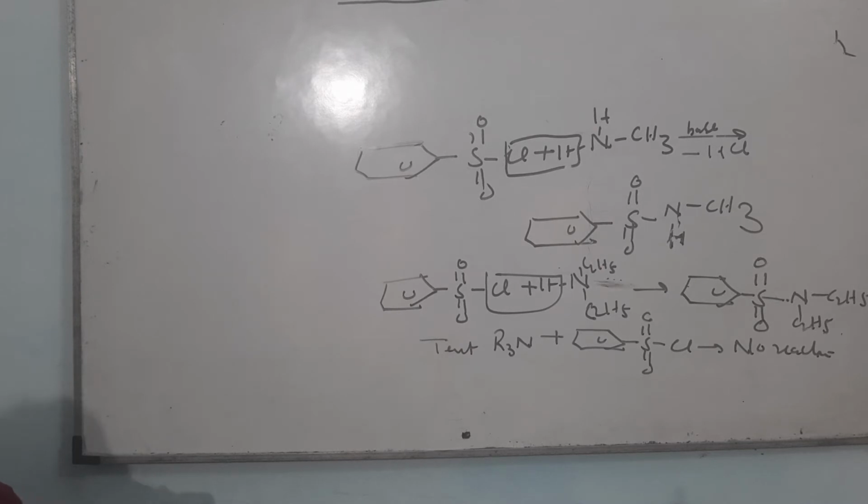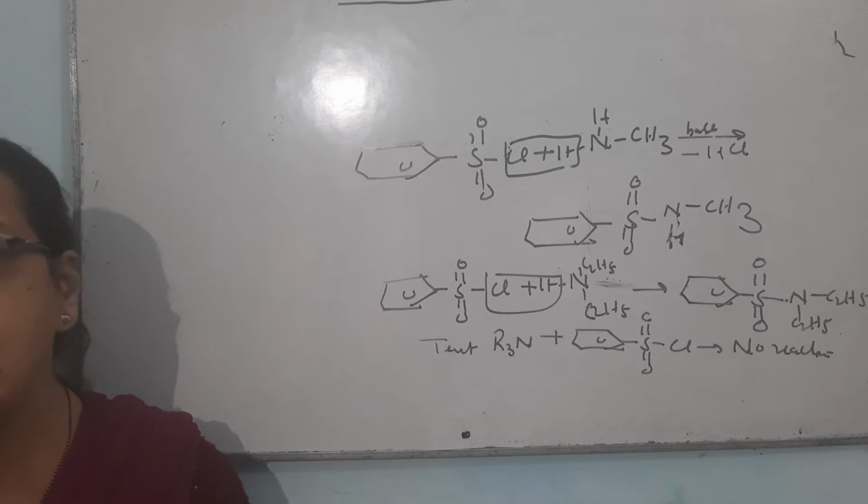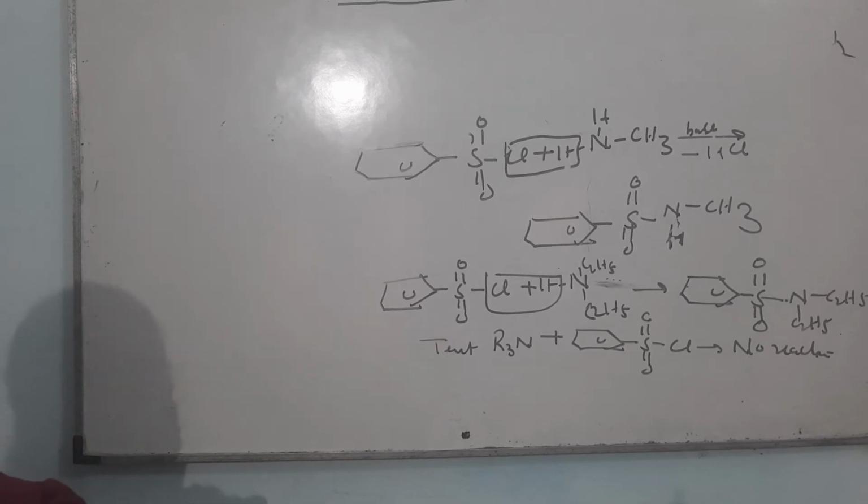Now I will discuss the ring substitution reactions, that is, the reactions of the benzene ring. You already know these are all electrophilic substitution reactions. But in the case of amines, these electrophilic substitution reactions are entirely different from the reactions which you have studied in carboxylic acids, phenols, haloalkanes and haloarenes.